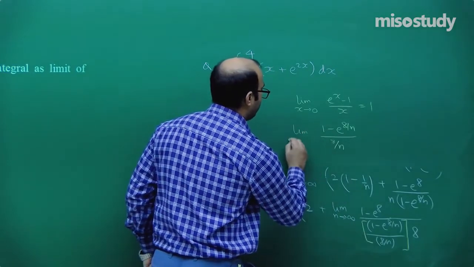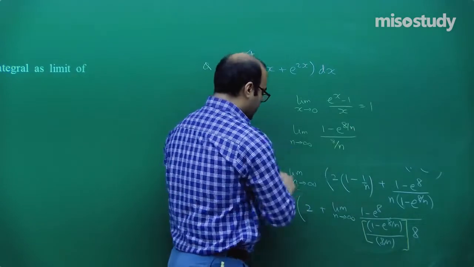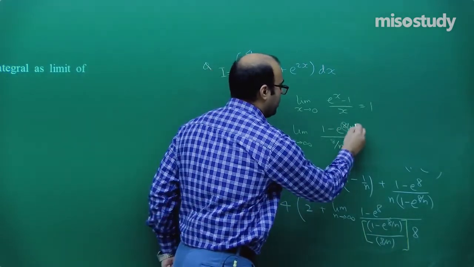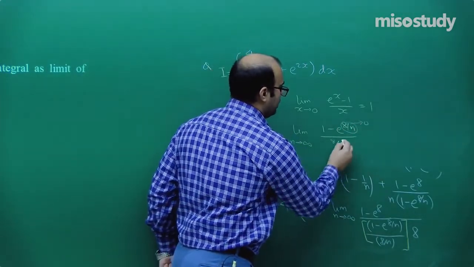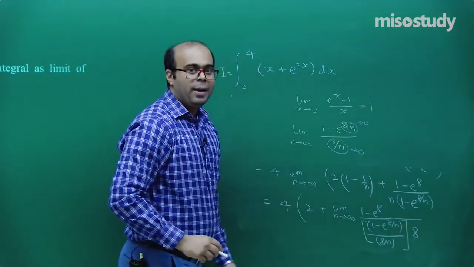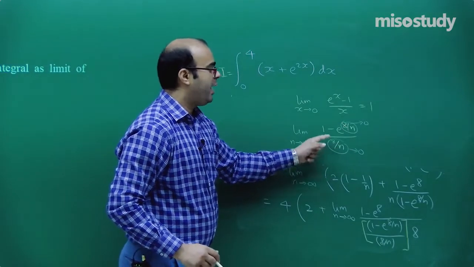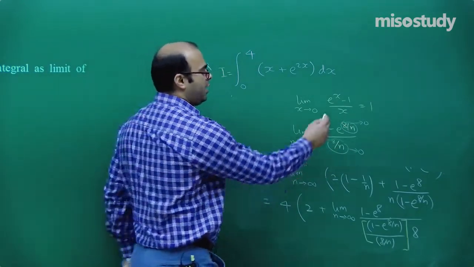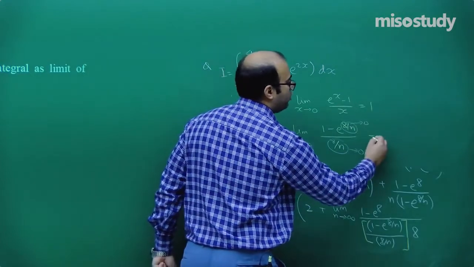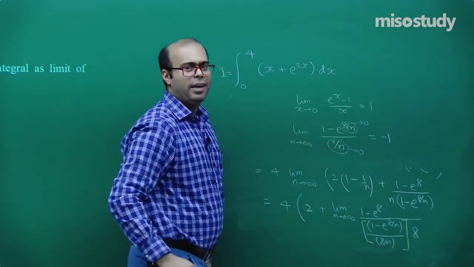Limit n tending towards infinity: if n is tending towards infinity, this 8 by n term is tending towards 0. So if we consider 8 by n as x, we have (1 minus e to the power x) by x, where x is tending towards 0. Here it was just of opposite sign, so it is minus 1 here. We will take this here, and here we will take a minus sign.